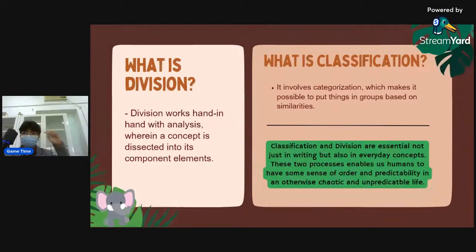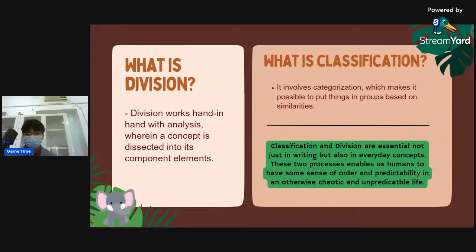And then we have more, like natural disasters in our country or anywhere else. It can also be international. Classification and division are essential not just in writing but also in everyday concepts. We may use them in reading and writing, but we can also use them in our everyday lives.